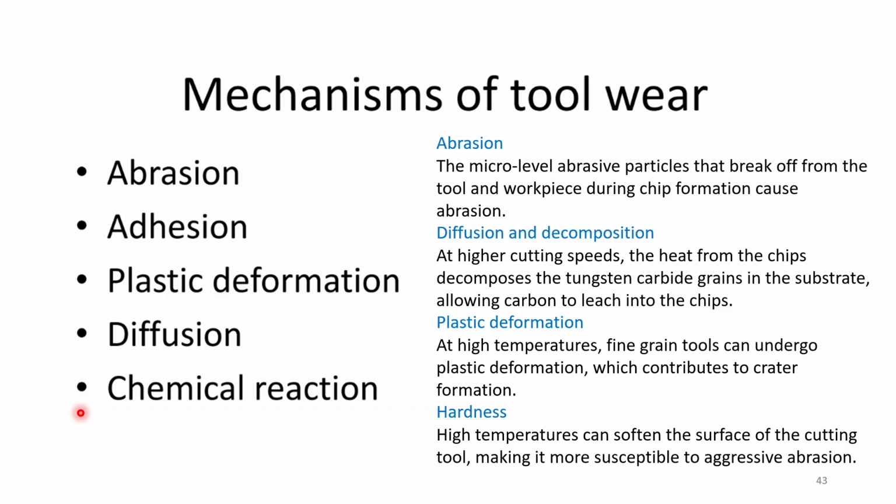In case of abrasion, the micro level abrasive particles that break off from the tool and workpiece during chip formation can cause abrasion. In relative motion of the tool and the workpiece, some of the chips, because of the high plastic deformation, have work hardening, right? So the hardness of even softer metals increases, so it can lead to wear of the tools.